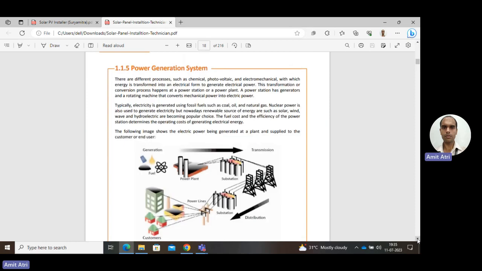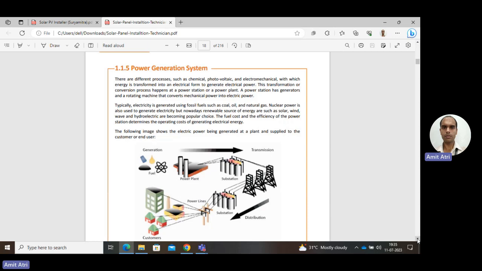Okay, now the power generating system. It consists of three phases: power generation, power transmission, and power distribution. Power generation takes place by using different types of energy resources, different types of fuels: nuclear, coal, hydro. These are used to generate electricity in a power plant.